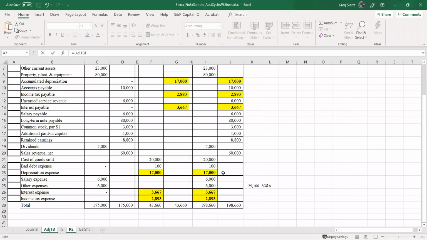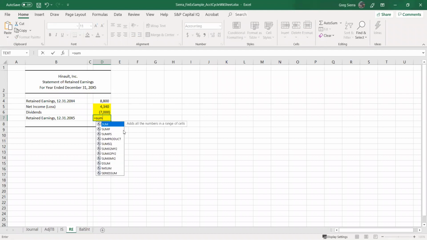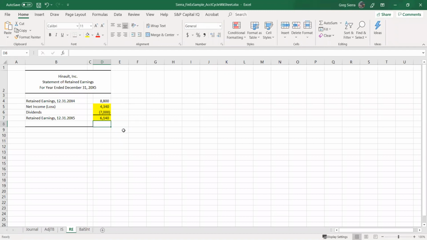If I go back to my adjusted trial balance, my formula said equals a minus, and where are my dividends? Right here, 7,000. And since it's negative now, it's add net income, subtract dividends. So I can just sum the column, and the ending balance of retained earnings is 6140.